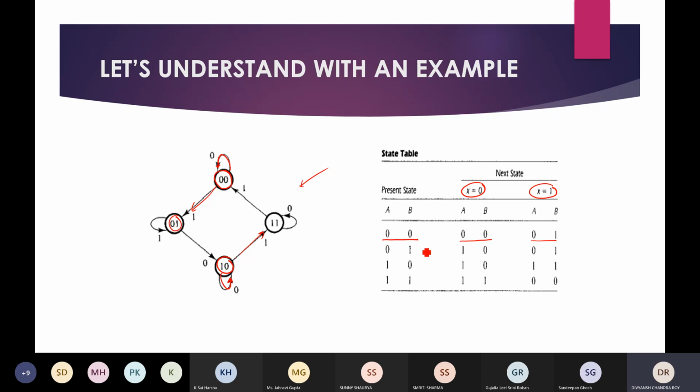The same thing is written here. If my present state is 0 1 and input is 0, then I will be at the same state, that is 1 0, and if input is 1, then I will be going to 0 1.